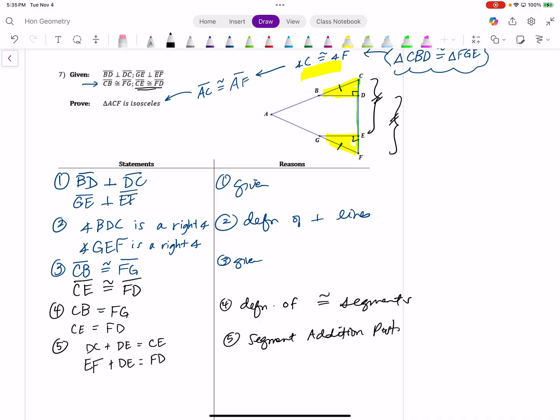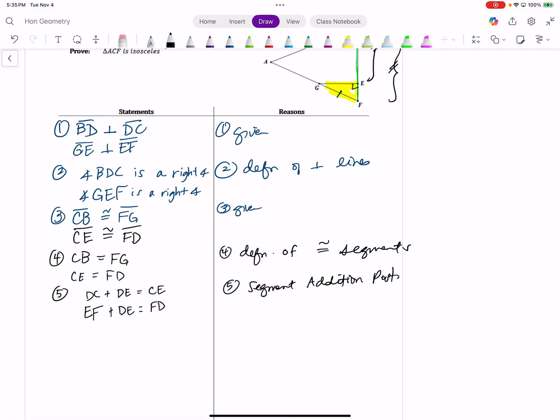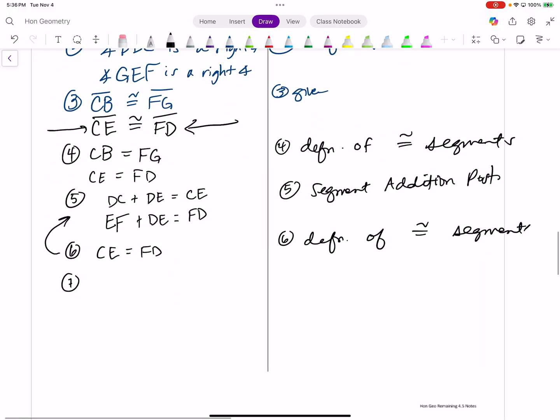All right, now what are we going to do with all this? Okay, have we said that CE and FD are congruent? We have right here, but we never have said that CE equals FD, which we know to be the case because of the definition of congruent segments. Now if we're going to set those equal to each other, you could do either substitution or a transitive property, whichever one you prefer.